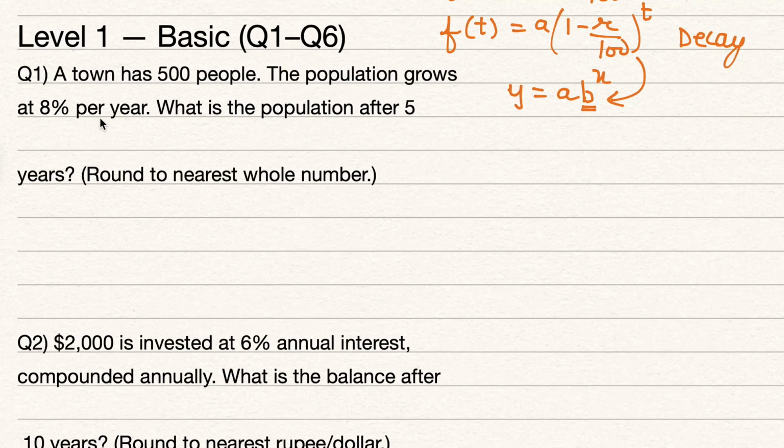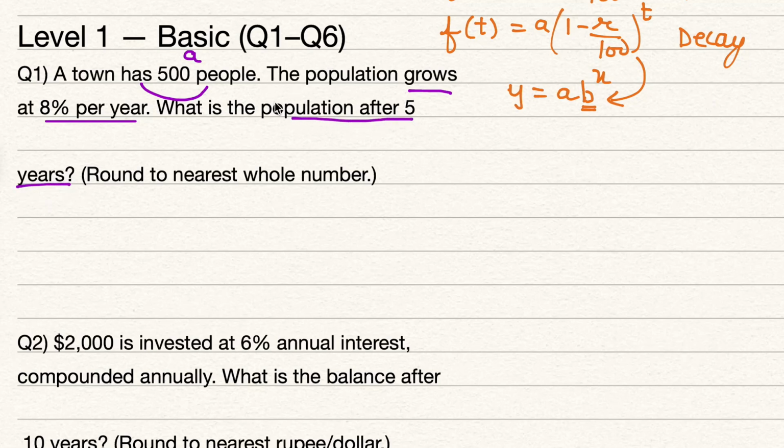Okay, let's do it. A town has 500 people. So that means when we started, the number of people is 500. So that is A, the initial value. Population grows 8% per year. What is the population after 5 years?